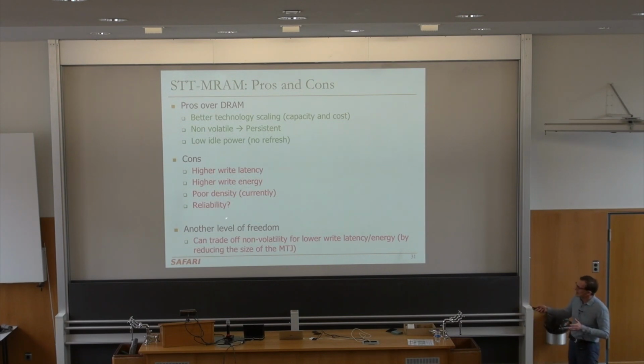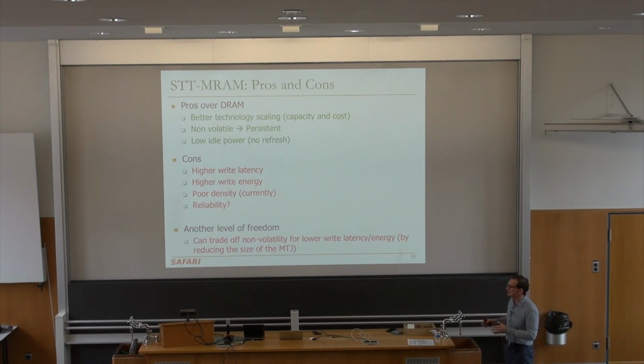Okay, so reliability, as I mentioned, I'm not going to talk about reliability, but this technology has similar reliability issues like any technology. So this technology is also interesting because it gives you another level of freedom, which is you can actually trade off non-volatility of this technology for lower write latency and energy. So you can actually make write latency and energy almost on par with DRAM by reducing the size of the magnetic tunnel junction device.